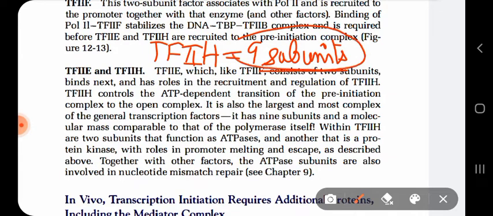It is made up of 9 subunits, and the molecular mass of TF2H is comparable with RNA polymerase. That means almost equal.